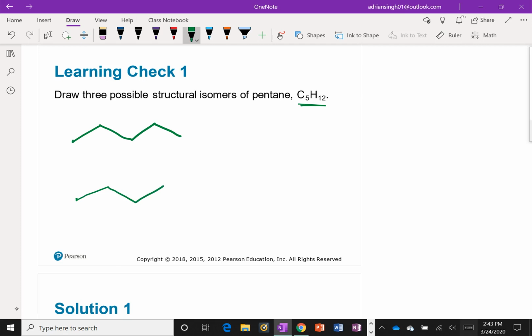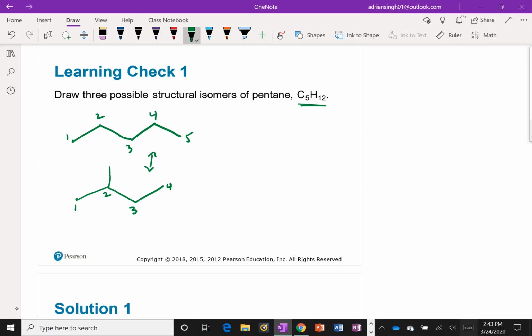I'm going to take the 5th one and I'm going to put it right there. Now if you take a look, my longest carbon chain in this structure is 1, 2, 3, 4, right? So these are different structures because they have different longest carbon chains, but they are still isomers because they have the same chemical formula, C5H12.